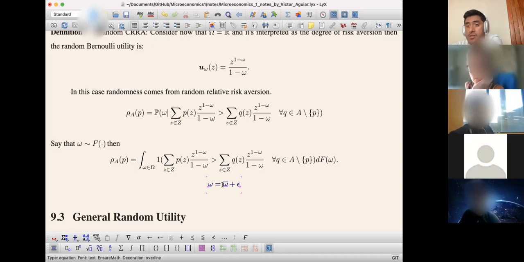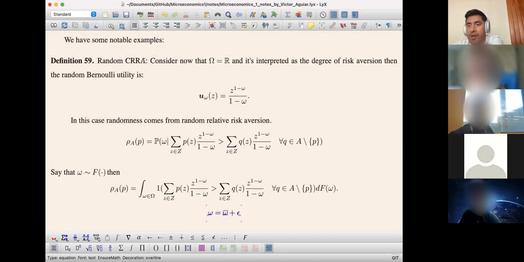Now, one important thing, as you realize, is that my random expected utility models are not restricted to be random CRRA, right? In essence, you can take any model of expected utility that people use and make it random, right? Now, this is a super convenient model of randomness because it has only one source of heterogeneity, the omega.